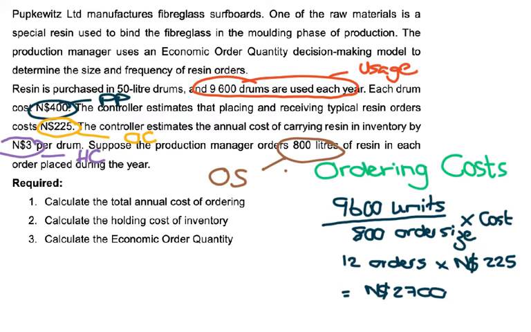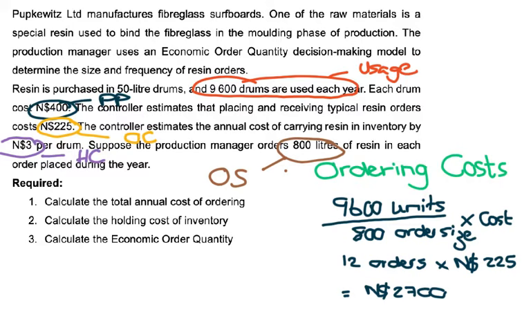And for every order, we will order 800 liters. So for 800 liters, it's 225 Namibian dollars. So now I need to divide my total usage by my order size, and then multiply by my order cost.